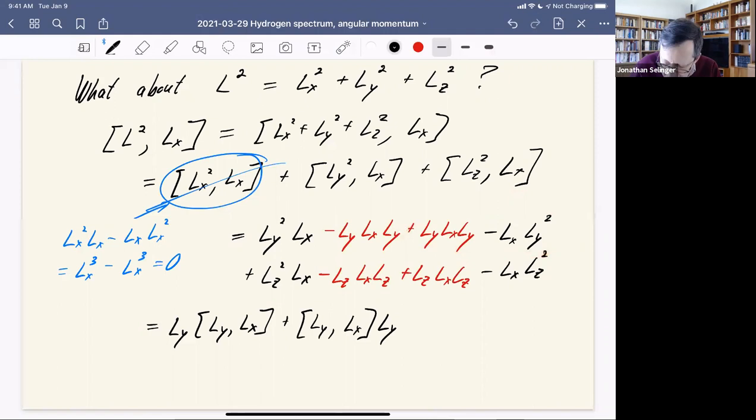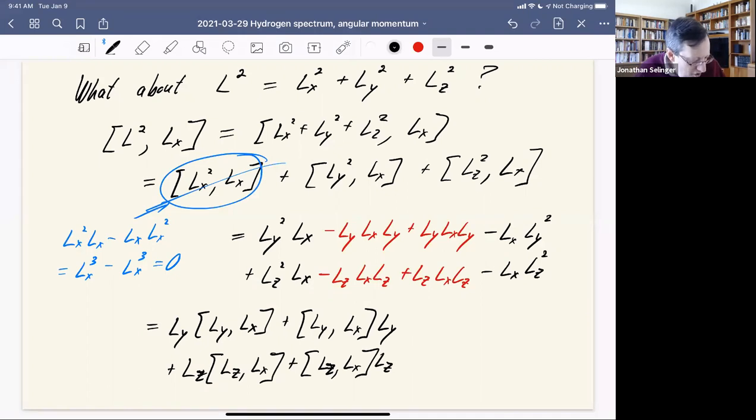I'll do the same kind of trick on the second line. So this is Lz, and then the commutator of Lz with Lx, plus the commutator of Lz with Lx times Lz. Now we can simplify all of this because we already know those commutators.